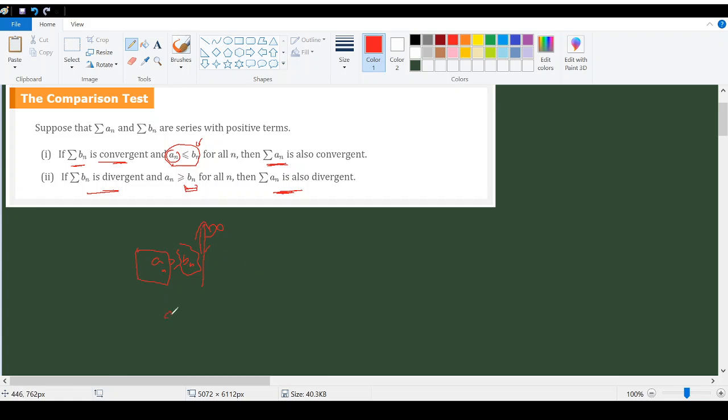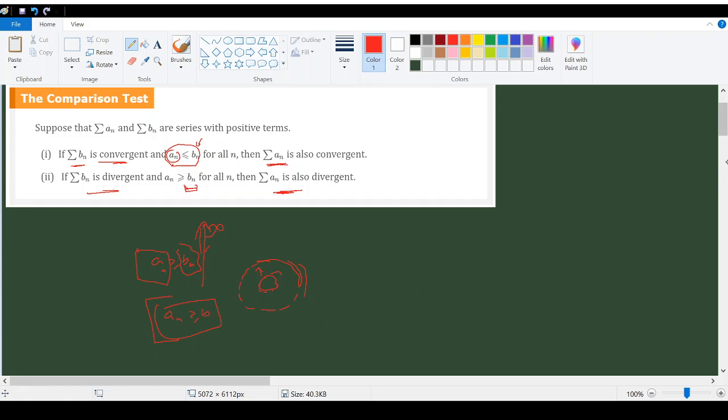And in the other way, if the larger series goes to a finite value, and due to this inequality, the smaller one should be enclosed by the larger one. So if this larger one is finite, then this smaller one cannot blow up, right?